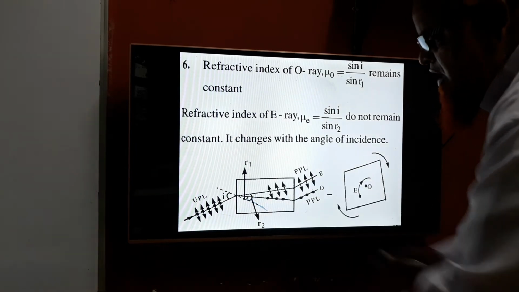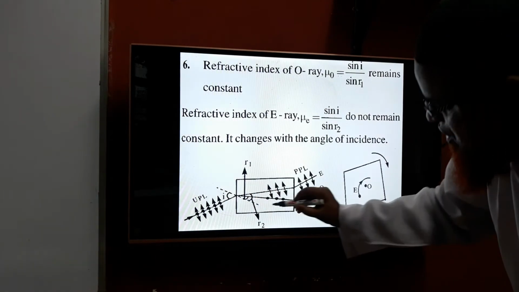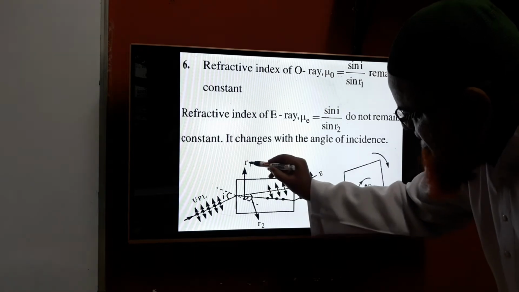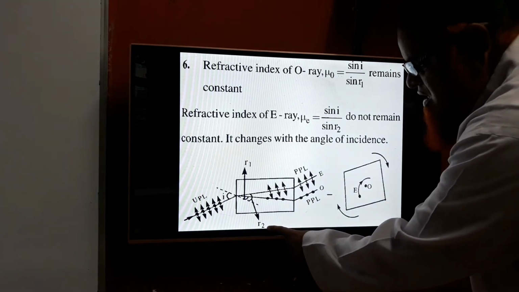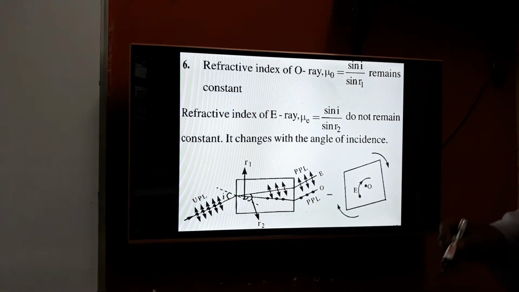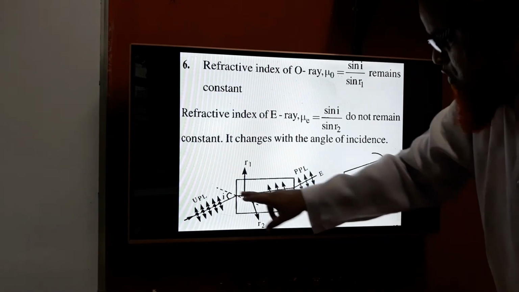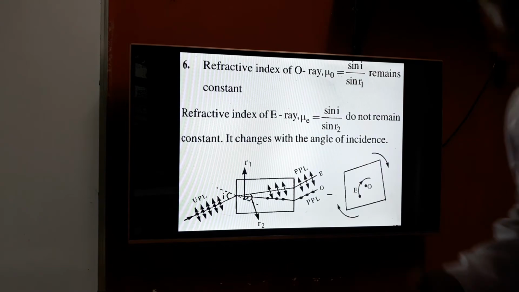So there are two refractions here. The smaller one is taken as R1, the larger one as R2. That means they have been refracted in two ways, so the refractive index will be different for both rays.